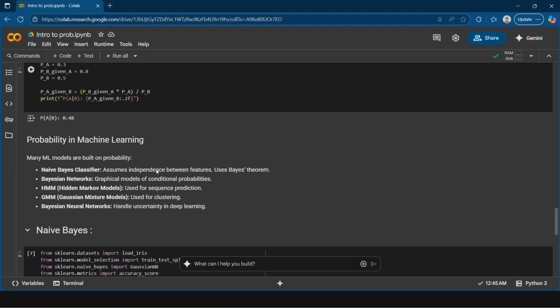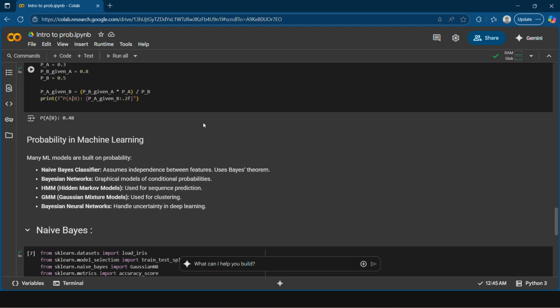You might have a question: how does all this connect to machine learning? These are the 6 different models present in machine learning, which help to build probability in a more efficient way. We already discussed this before in the PowerPoint presentation. The naive Bayes classifier assumes independence between features and uses the Bayes theorem.